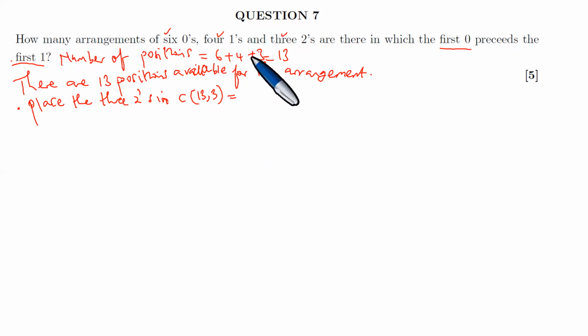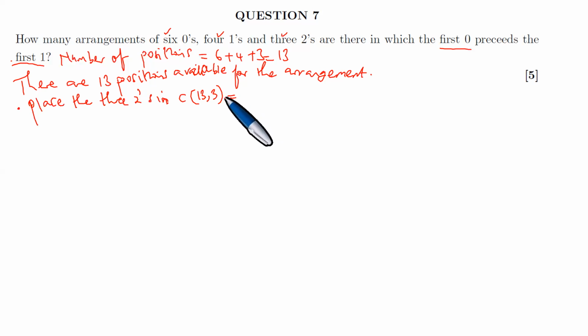The reason it's easy to place the twos is that the further conditions are on the 0 and the 1, so we do not have restrictions on the twos. We have much freedom, so we can easily place the 2's.